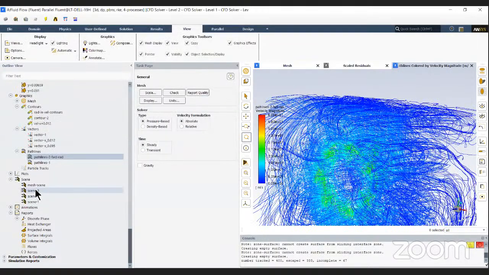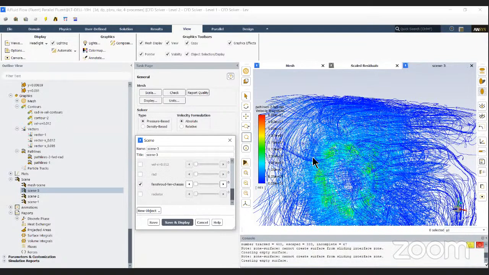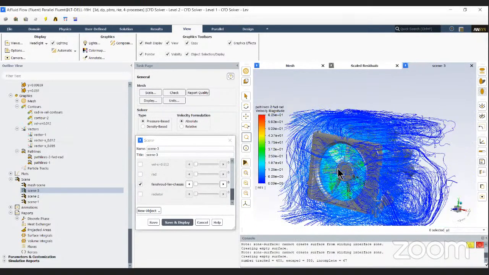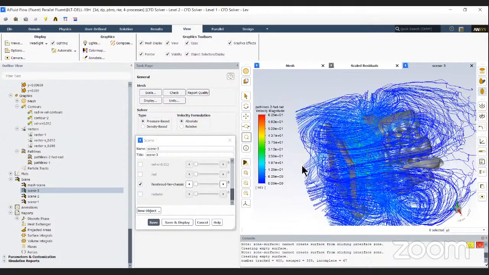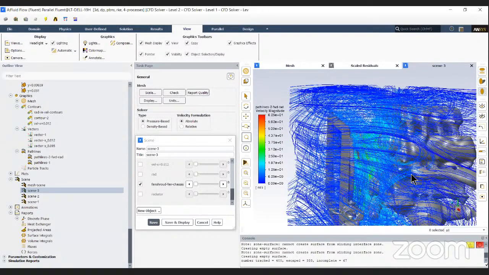So let me look at one thing. So if I were to go ahead and do that, you will notice that these are the forward path lines from the radiator that I've selected.